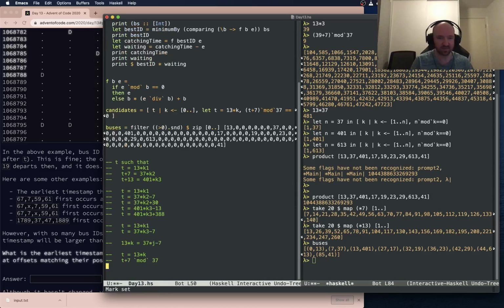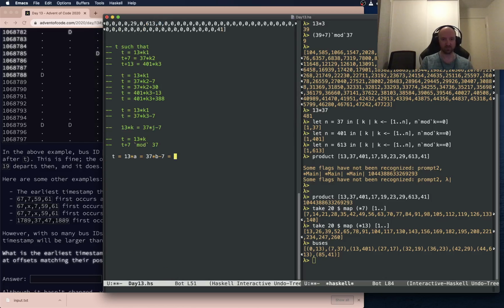I mean, it seems like the formula we had should be really helpful. Like, we need a t that is 13 times a, and it's also equal to 37 times b minus 7.